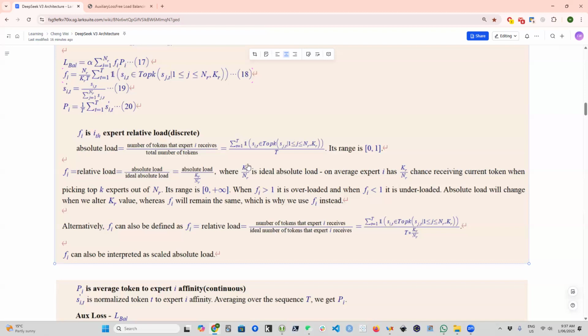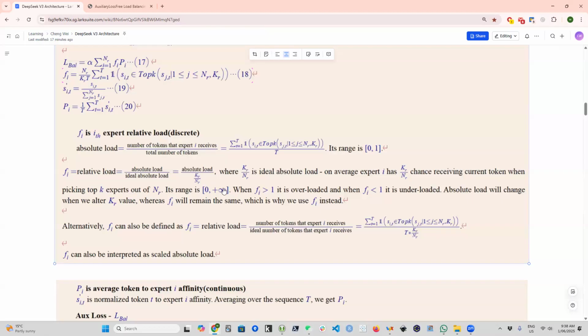So if we pick top K, the ideal will be K divided by N, right? So this is ideal. When we divide by this, it becomes relative. This is similar to normalization, like standardization, like we did for the standard normal, right? The value minus the mean, then we divide by the standard deviation, right? Yeah, I see. Okay.